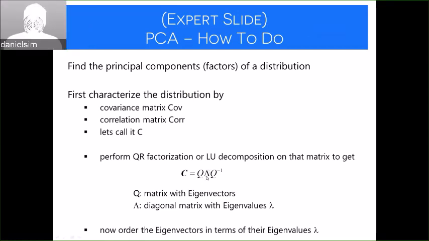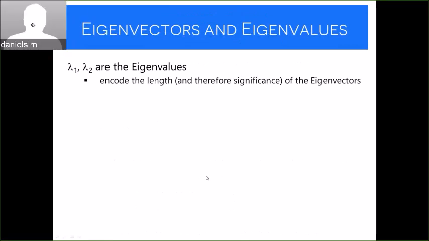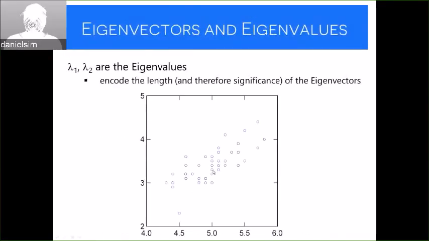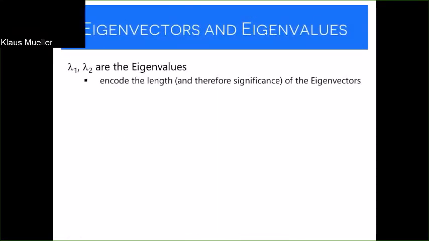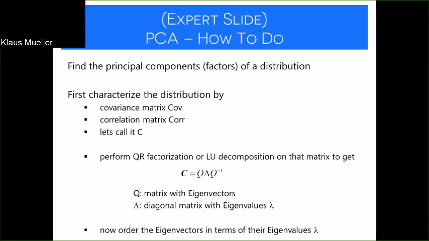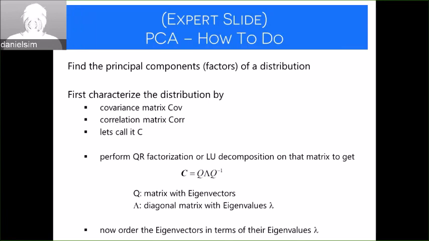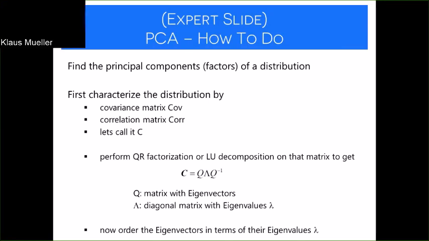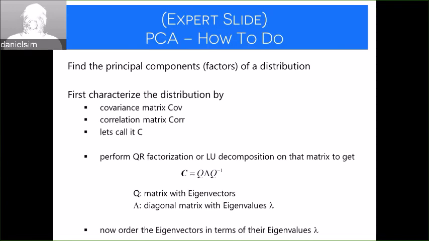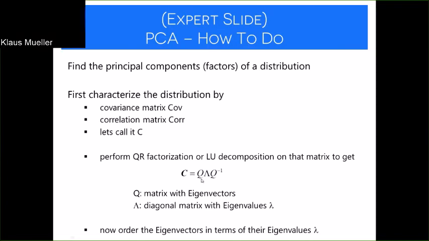The eigenvectors tell you in an ordered way what these axes are in high dimensional space that go along these large variances. Basically, it's just a bunch of vectors that describe this new space that is variance oriented. And this matrix in the middle, this eigenvalue matrix, is a diagonal matrix where these eigenvalues just tell you how long these axes are.